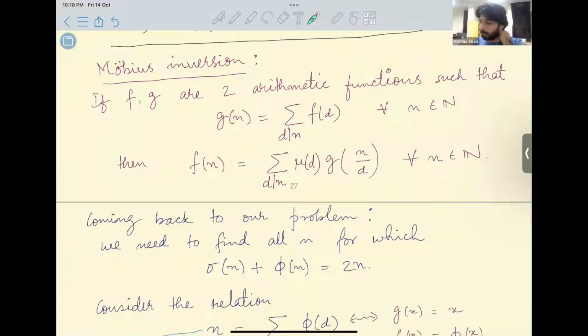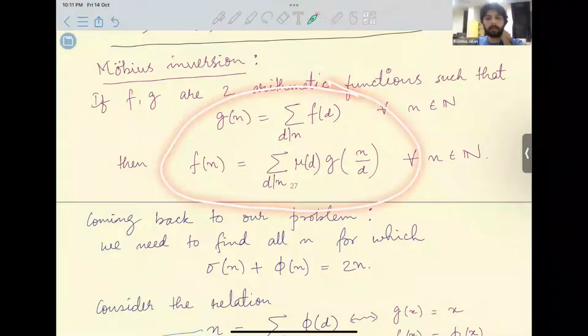Then the Mobius inversion of g and f is given by this. So initially g was expressed in terms of f. Now you invert it and write f in terms of g. But there is this Mobius function sitting here. That is why I needed to introduce the Mobius function, and that is why this identity is called Mobius inversion. It was introduced by Mobius.